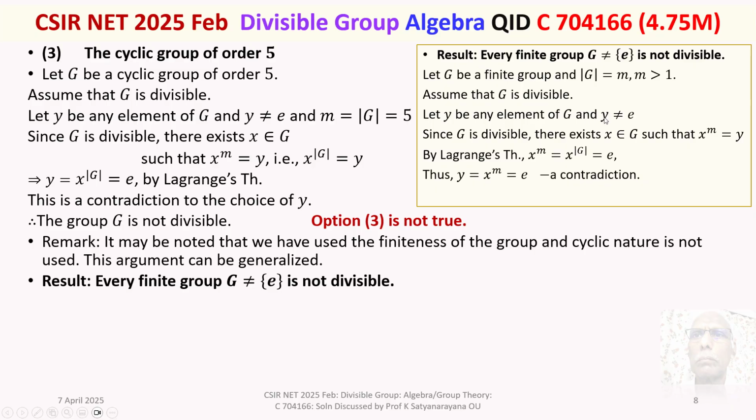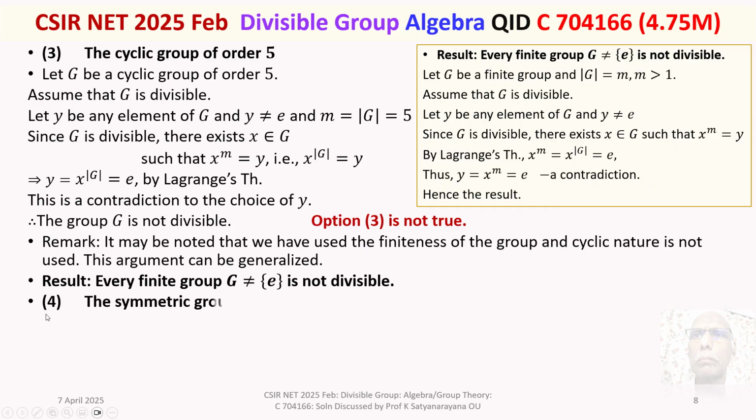Our choice of y is y not equal to e. This contradiction says that our assumption that G is divisible is not true. Hence the result. Right, that's the general result you can give, and this is the proof.